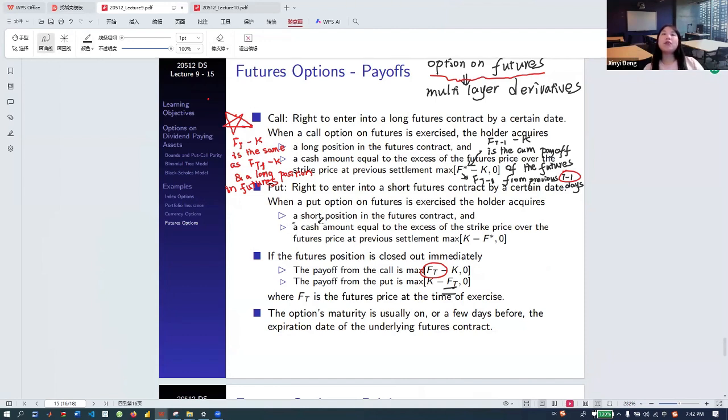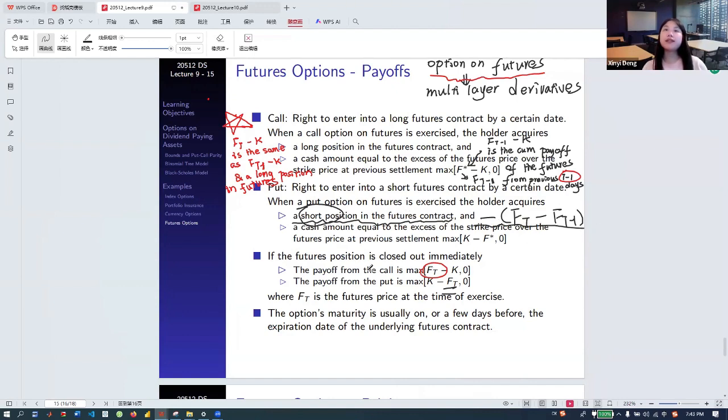So here your profit from the short position in the futures contract would be, let me think about it. Since here you are shorting the position, it's going to be minus (FT minus FT-1). So that's your immediate profit from getting the short position.